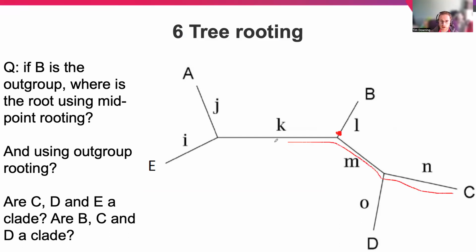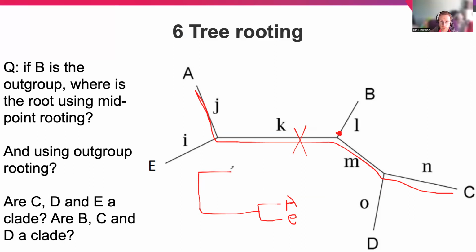We go along here, and again we go to A and E, or I'm not sure, maybe A is longer, but then we get the midpoint at around this point. So we choose that as a split between a longer branch and an upper branch. So this lower one would lead to A and E. This upper one goes to a split for B and then to C, the CD ancestors.